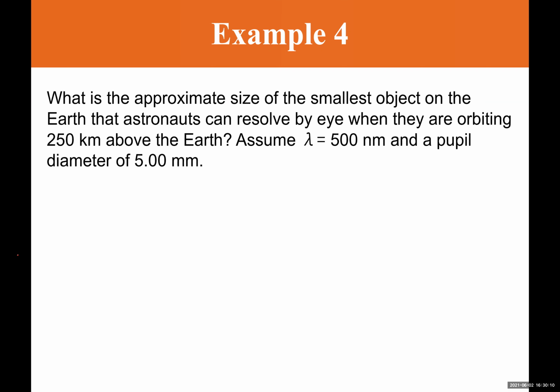All right, so in this case, obviously our eye we can model as circular, and you're given the diameter as 5 millimeters. That's basically the example of a circular aperture, right? So we can say the diameter is 5 millimeters.